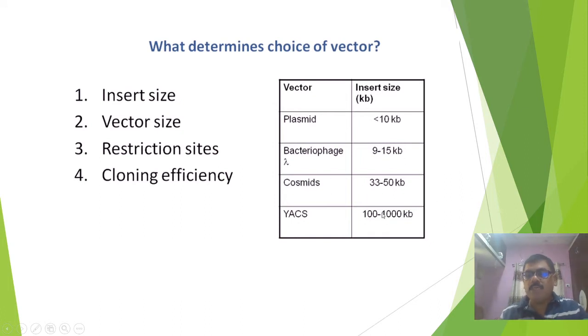If the insert size is 100 to 1000 kb, then yeast artificial chromosome. It depends on the insert size, meaning what size of foreign DNA you are introducing into the host cell. Accordingly, you choose the vector molecule.